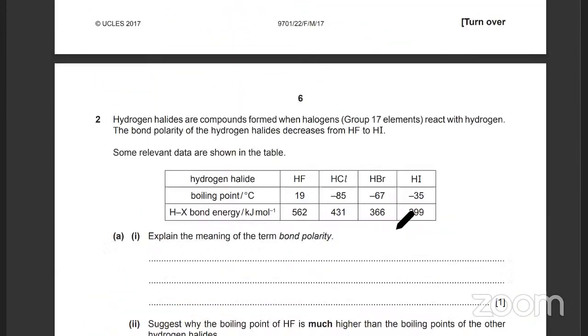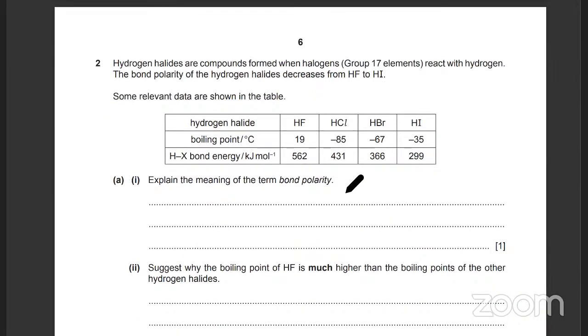Okay, let's move on to the next one. Explain what is meant by the term bond polarity. What is bond polarity? It's the unequal attraction between electrons when two different atoms are joined by a covalent bond. Why is there unequal distribution of electrons?